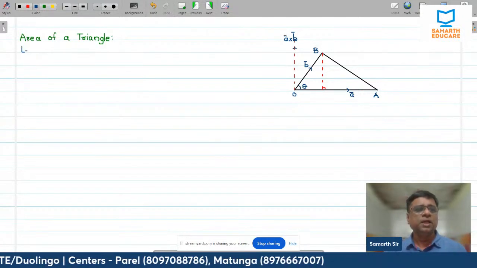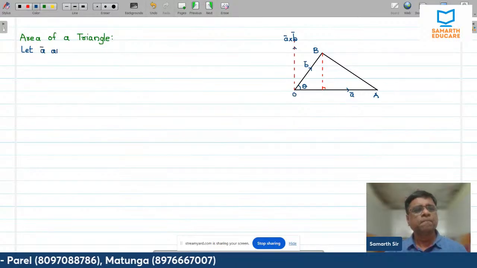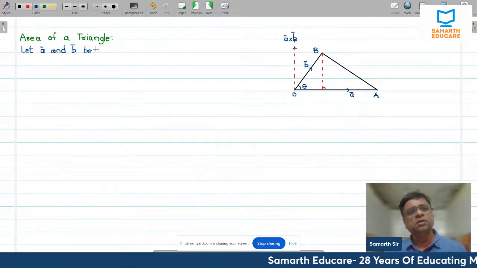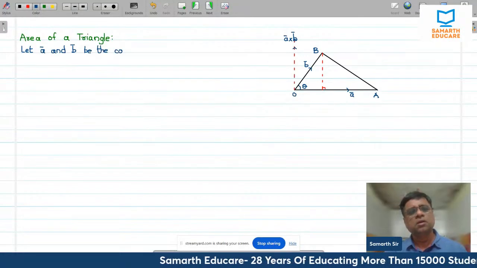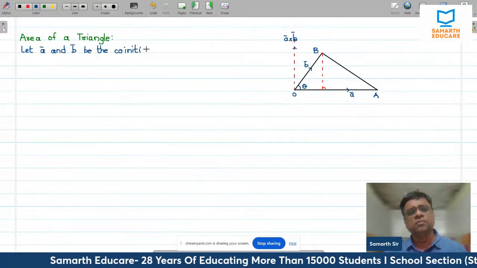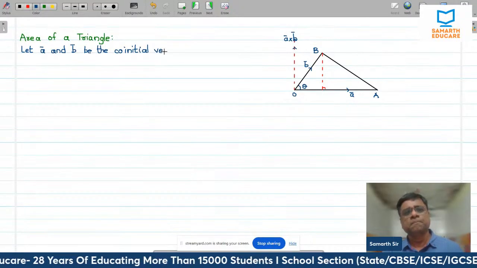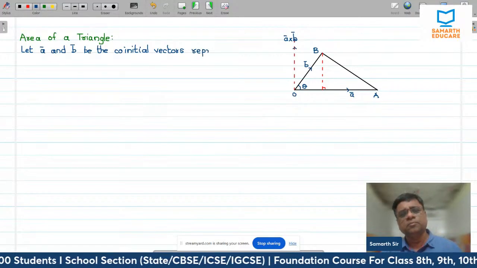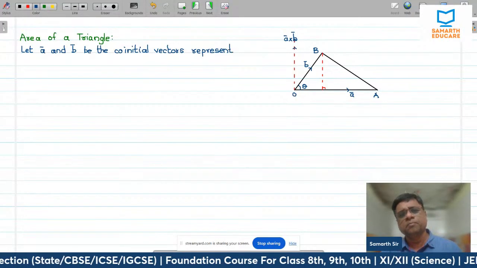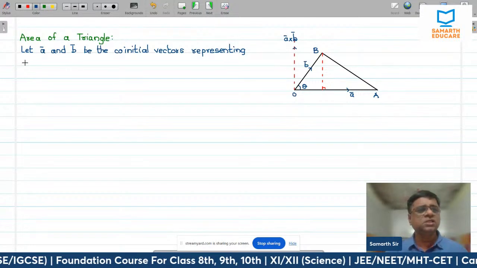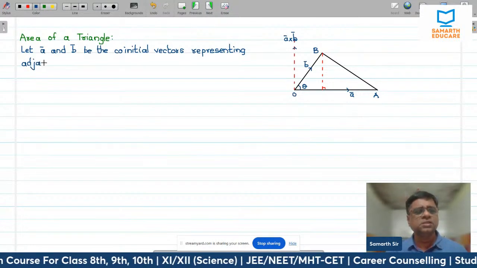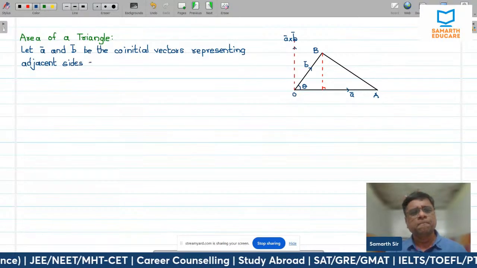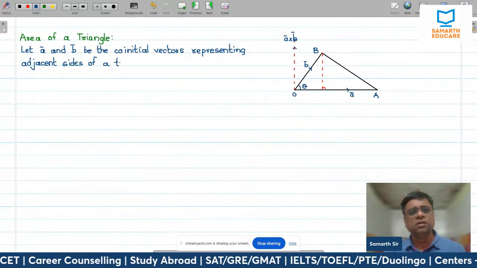In the proof, let A bar and B bar be the co-initial vectors representing adjacent sides of a triangle.